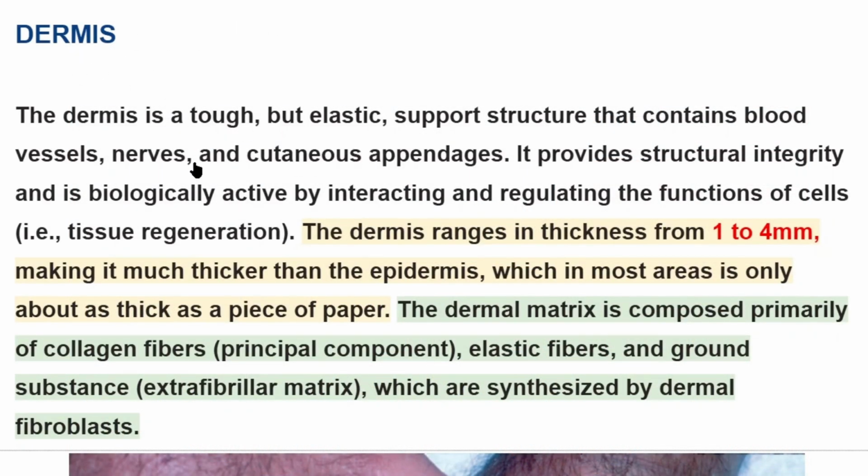Dermis. The dermis is a tough but elastic support structure that contains blood vessels, nerves, and cutaneous appendages. It provides structural integrity and is biologically active by interacting with and regulating the functions of cells, for example, tissue regeneration.